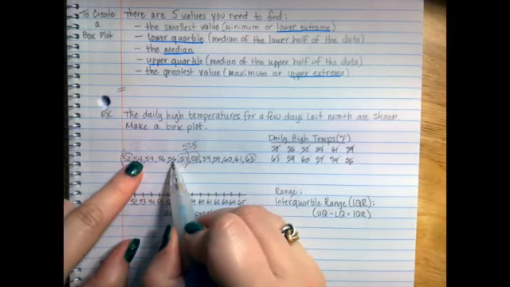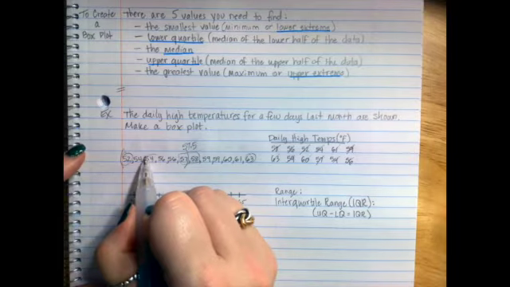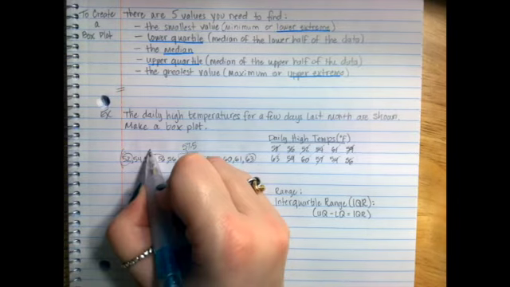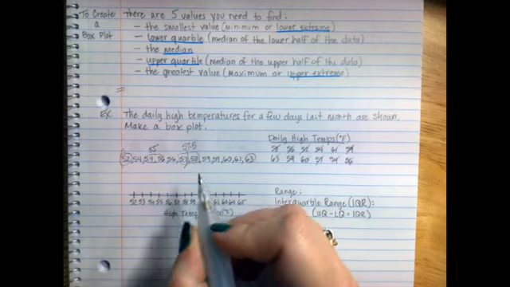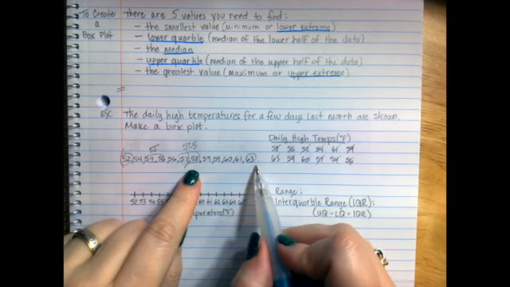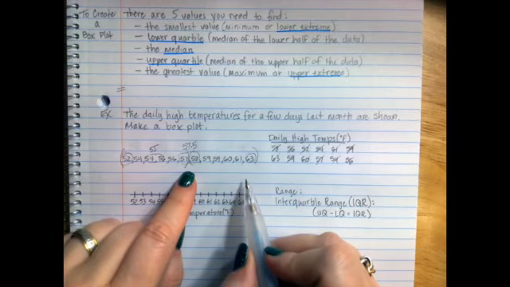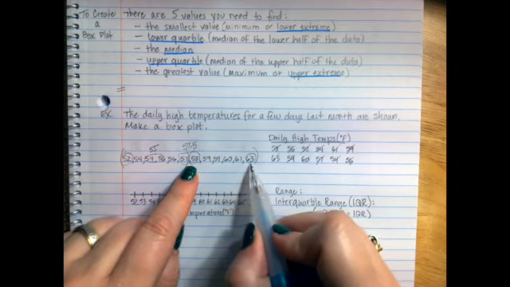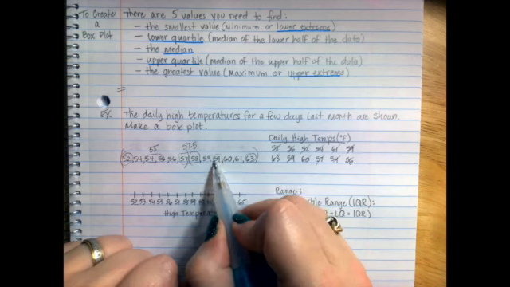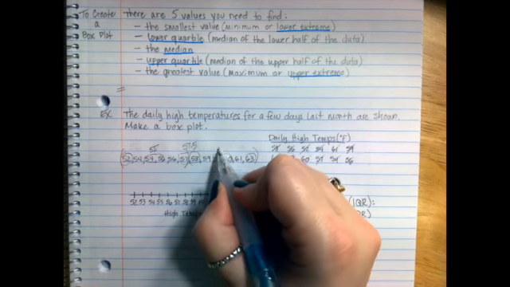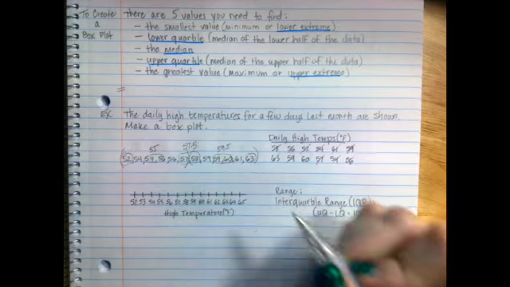Again, I add the two middle numbers and divide by 2, and 55 is right smack in the middle. For the upper quartile, I take the upper half of the data set. Again I get the median right here, and these are consecutive numbers, so 59.5.